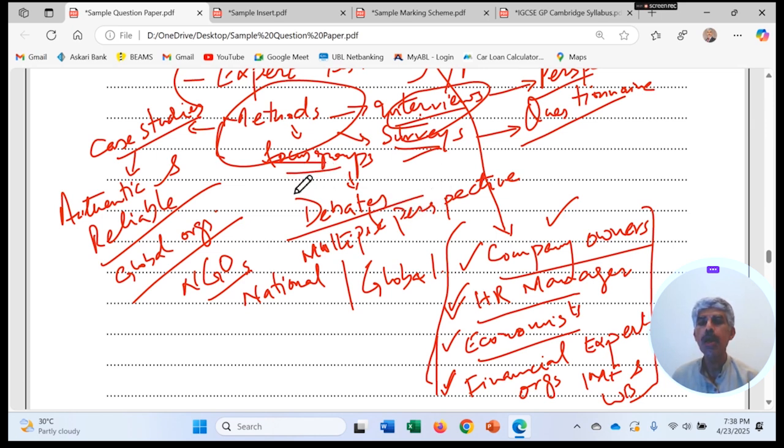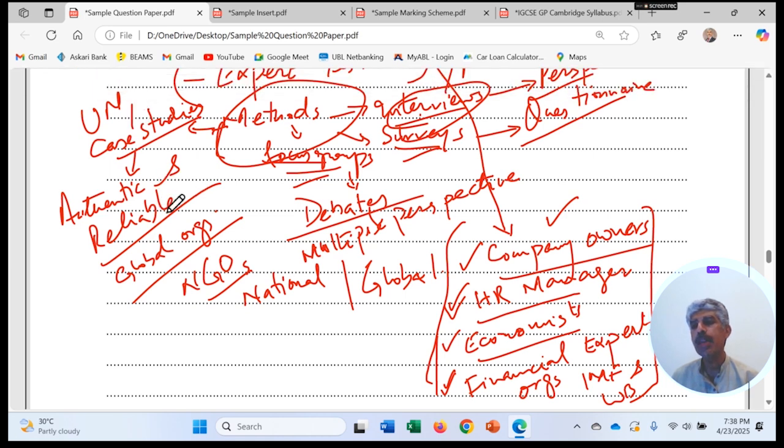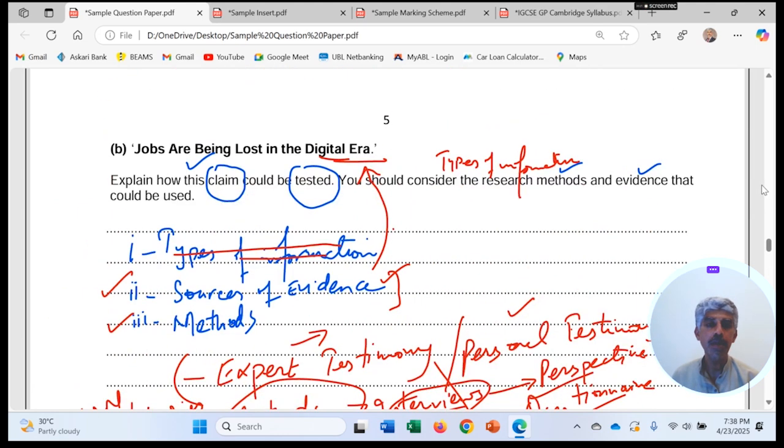In the same way, certain group discussions and debates can be conducted in the form of focus groups to find out the issue and its impact on the people and the jobs. And in the same way, certain case studies of global organizations like the United Nations or others can be really authentic and reliable reports of global organizations or certain NGOs, which will be very handy for the sake of testing this claim given here.